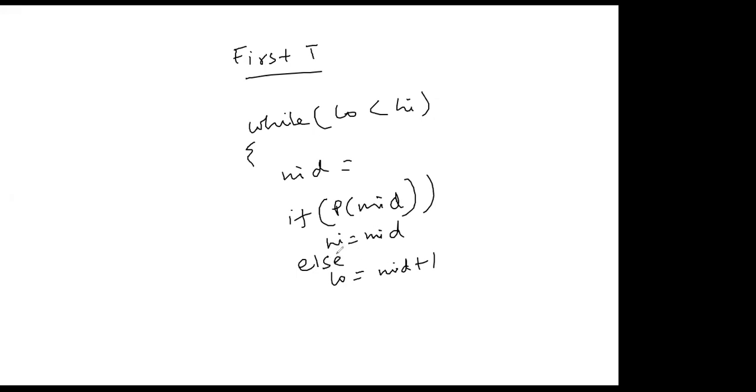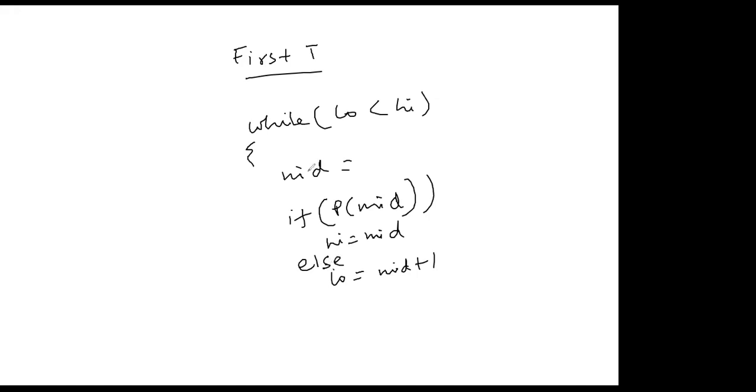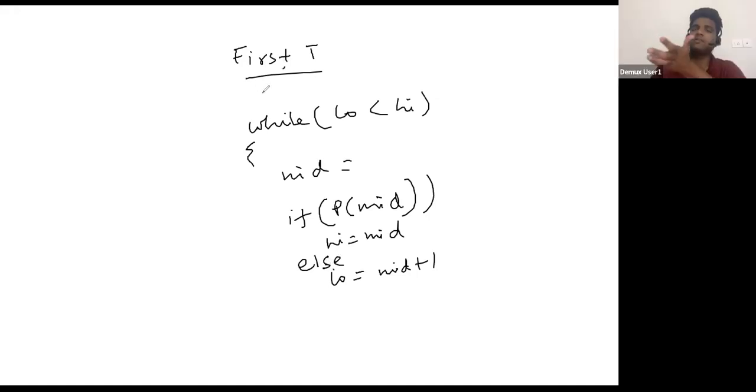So can you explain this low equal to mid plus 1? I'm getting the high. Because this is else, right? So the else part is you have a false. If you have a false and you are looking for a first T, you can skip this false also. It does not matter. So I can move my low to 1 plus the mid, just after the mid. Do you get it?